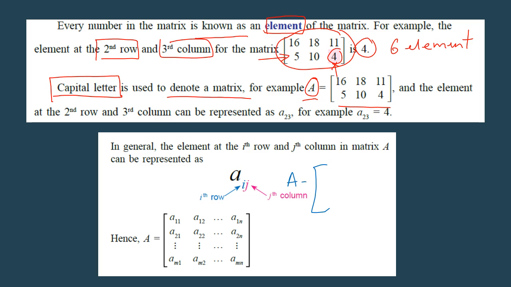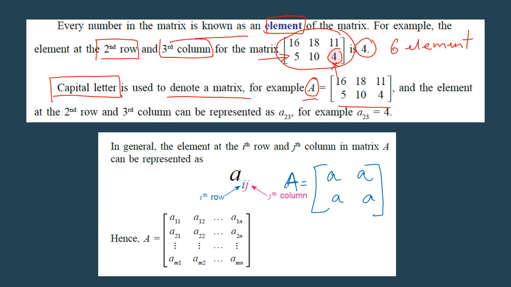If you use big letter here, A, the element will be in small letter. So let's say a, and then the next one also a. How do you differentiate?